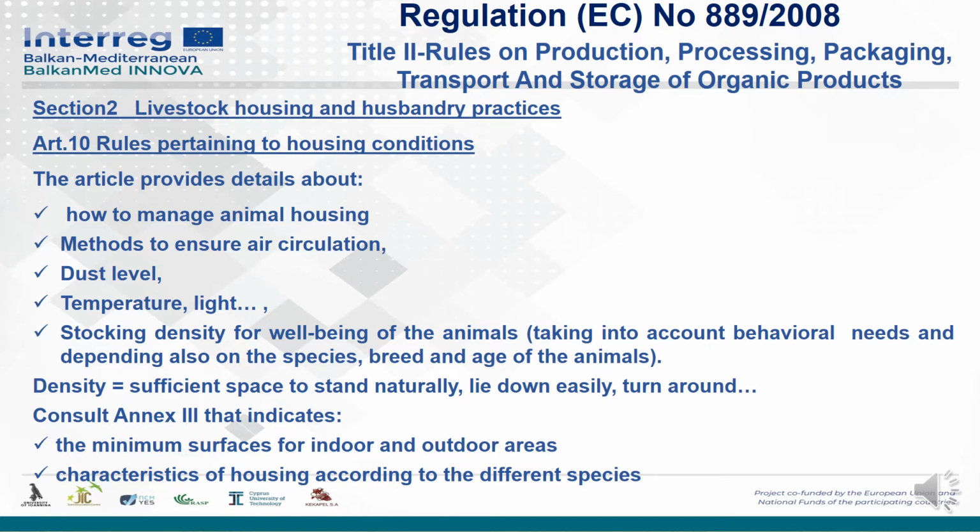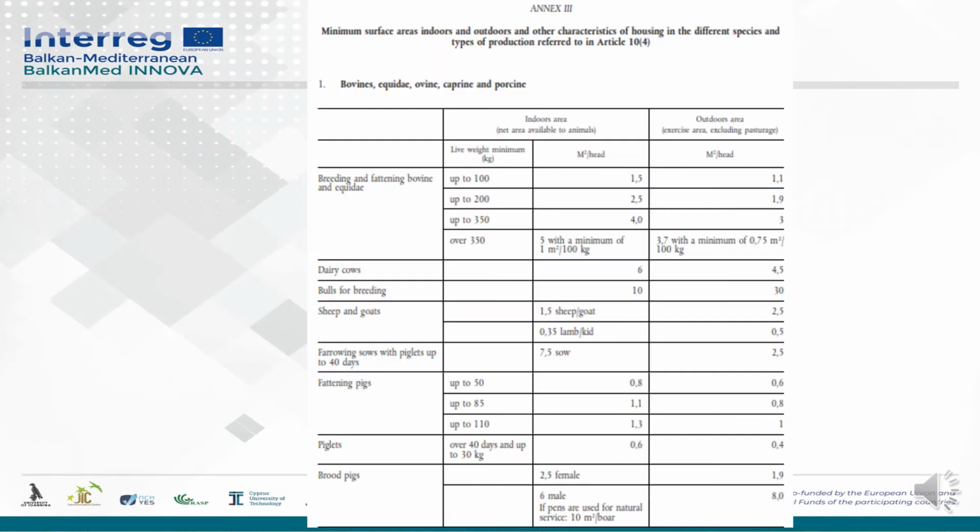For the detailed indication, consult Annex 3, which indicates the minimum surfaces for indoor and outdoor areas, and characteristics of housing according to the different species. Here, just to have an idea, I'm presenting Annex 3, minimum surface areas indoors and outdoors, and other characteristics of housing the different species and types of production referred to in Article 10 that I presented in the previous slide.